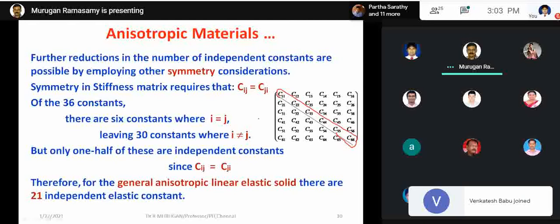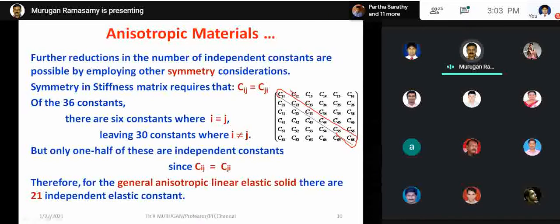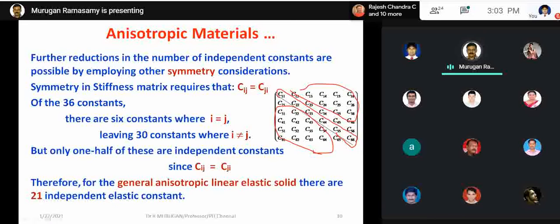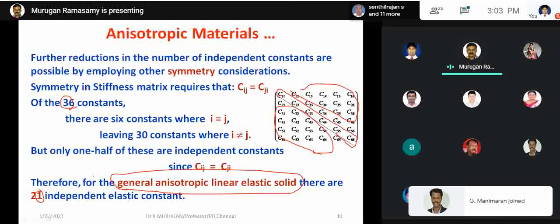This is called the upper diagonal elements, and this is called the lower diagonal elements. So we can say that C12 is equal to C21. By assuming that, we can reduce the number of elastic constants from 36 to 21. This is one stage, and this is considered a general anisotropic linear elastic solid. By using this symmetry, they are reducing 36 to 21.